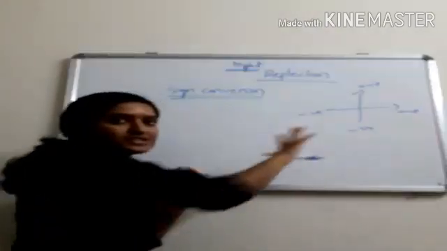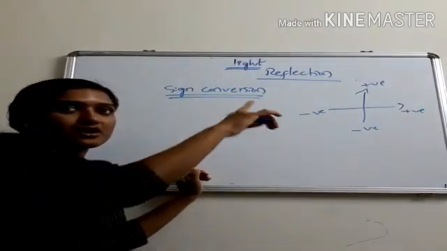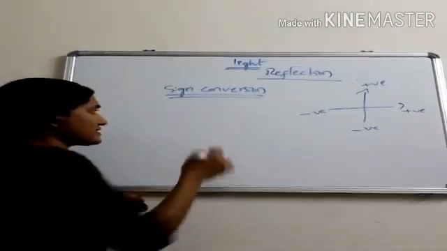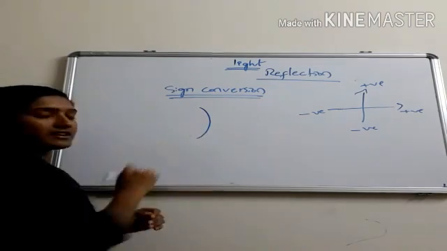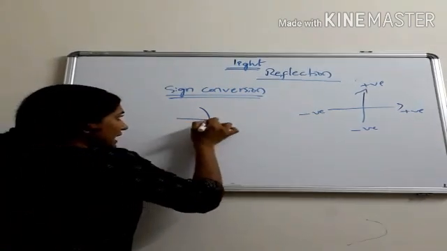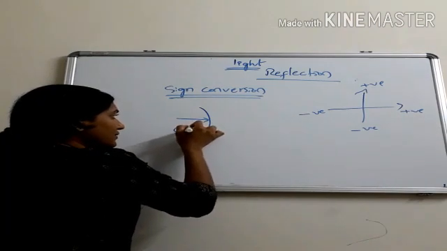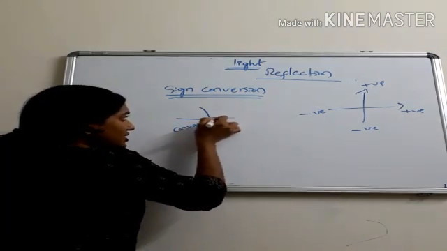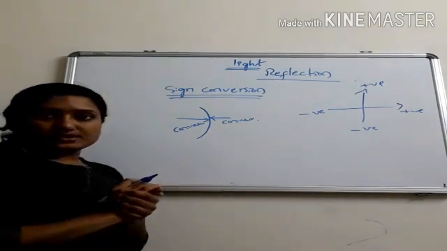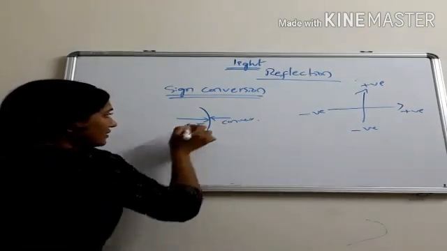Like this you learned in maths in case of graphs. So here also the same thing, not much difference. So if you draw one spherical mirror, if the reflection happens here, this is a concave, right? If the reflection happens here, convex.